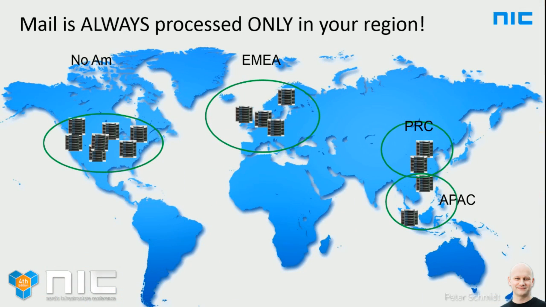I briefly covered this earlier, but as part of this highly available service that Office 365 is, Microsoft has data centers all over the world. Based on the MX records that you set when you set up your domains, mail gets into the region that you're located in.